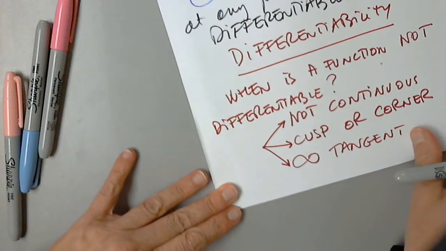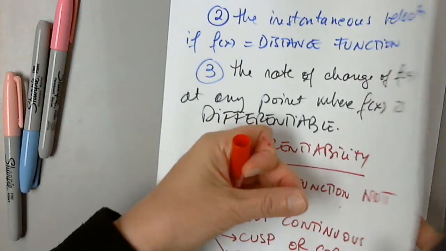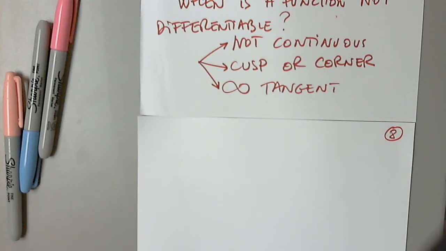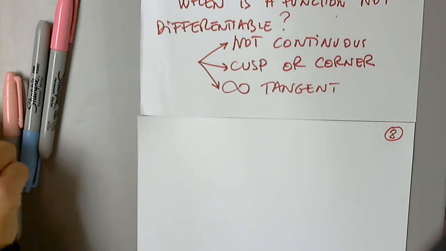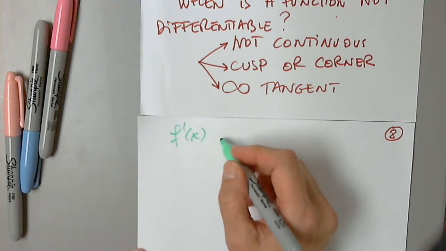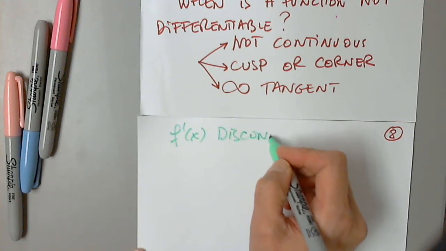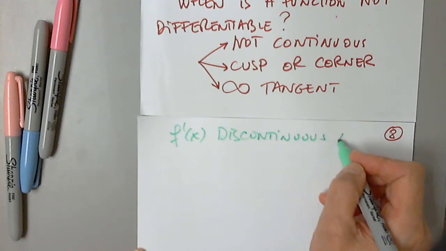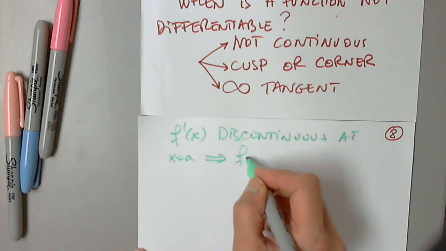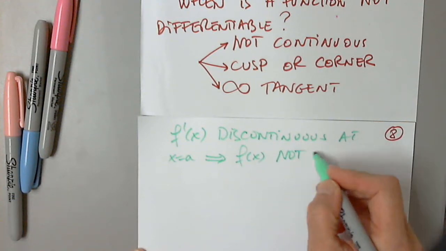Now, two other things that I would like you to remember, and we'll have an example for sure today. If f prime is discontinuous at x equals a, this implies f of x is not differentiable there.